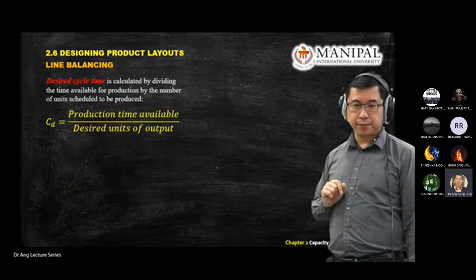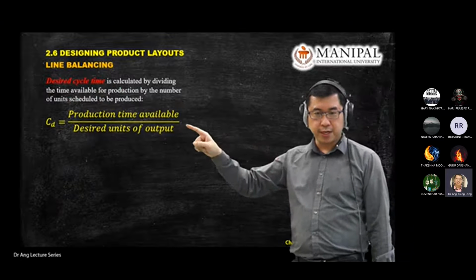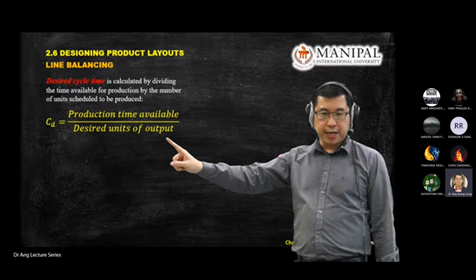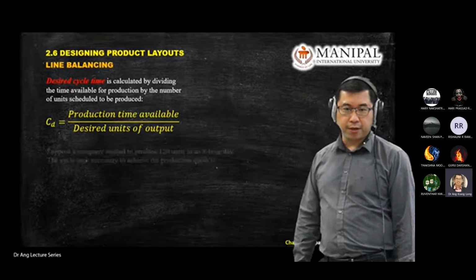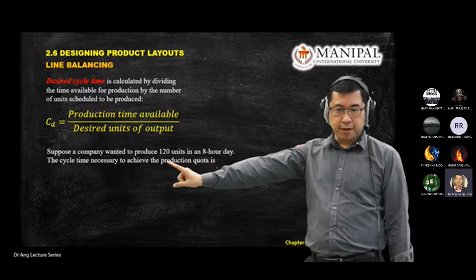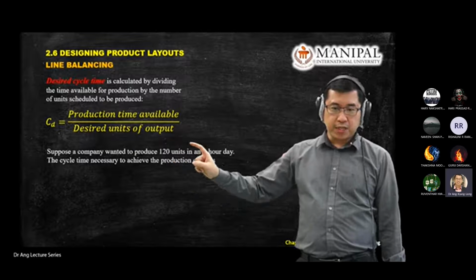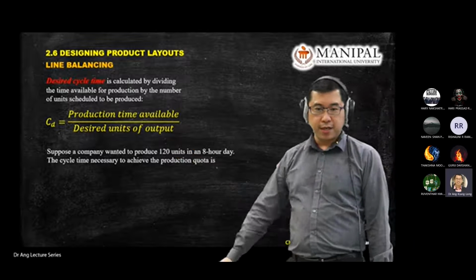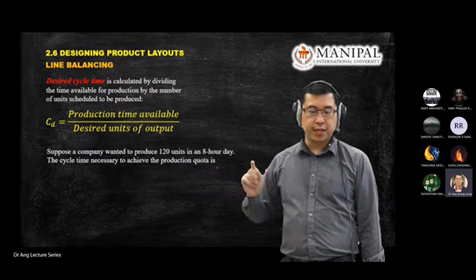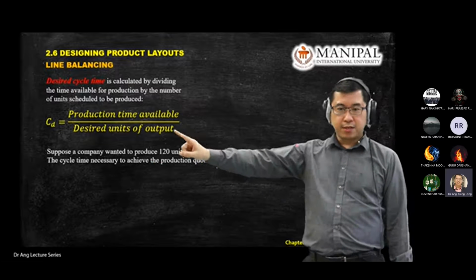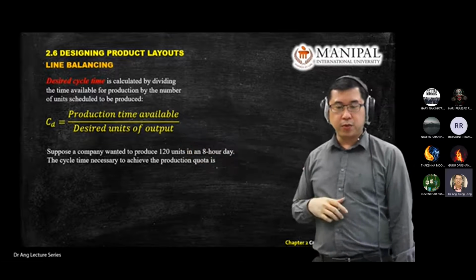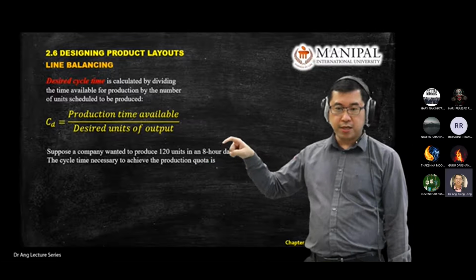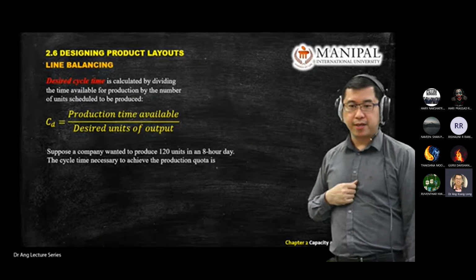I'll give you an example, the first example for our first equation today. C sub D is the desired cycle time. You take time divided by your unit output. Let's say a company produces 120 units in 8 hours a day. So in this whole day it creates 120 units. The cycle time can be calculated as follows. Remember, the units here are units and hours.